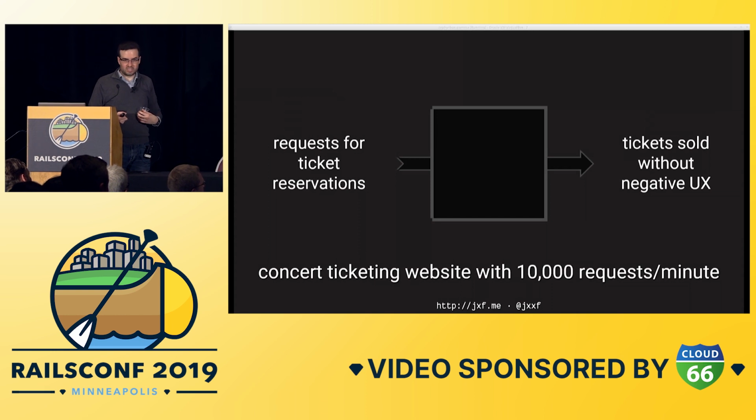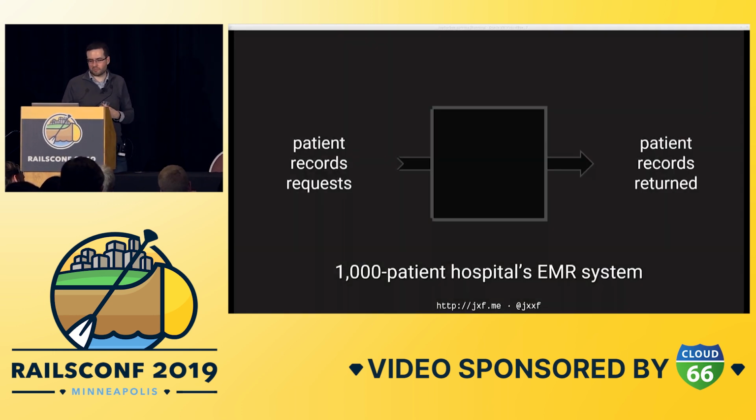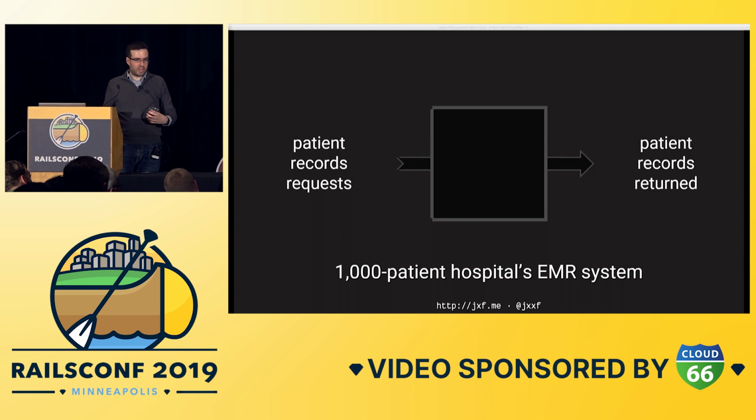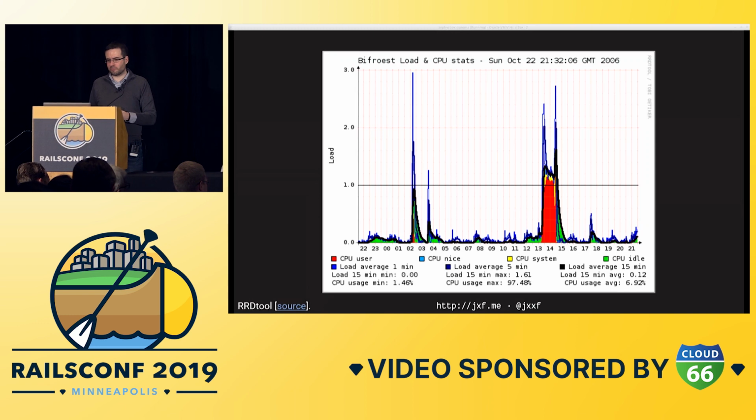The demand is how many people ask to reserve tickets, and the output is tickets that get sold without negative UX in 90 seconds or less. If you're running a patient medical records EMR system, the demand is for patient records requests, and the output is how many of those records you're returning in a timely fashion.